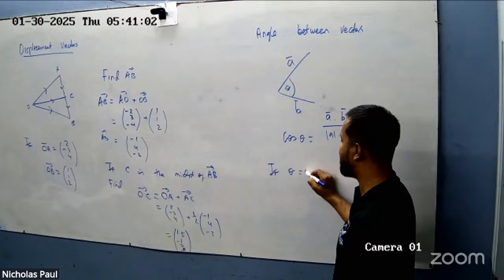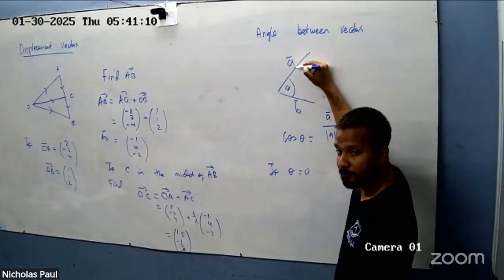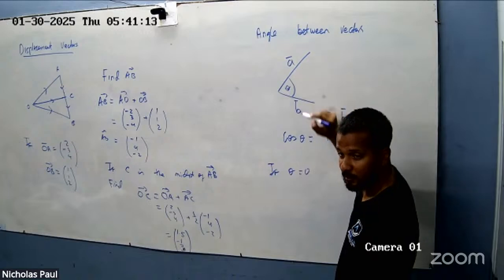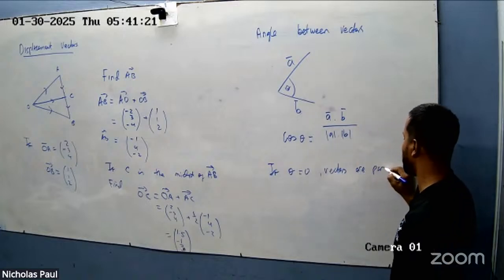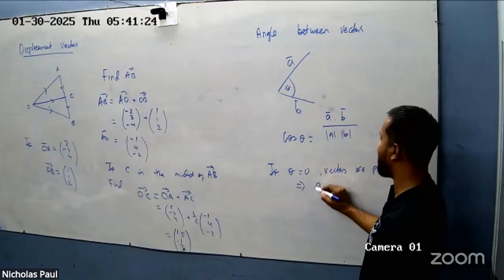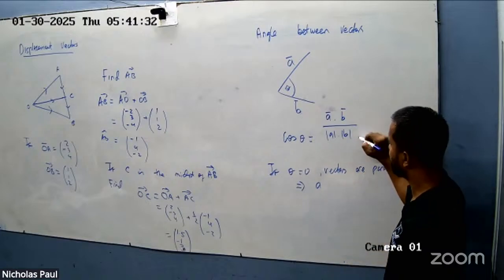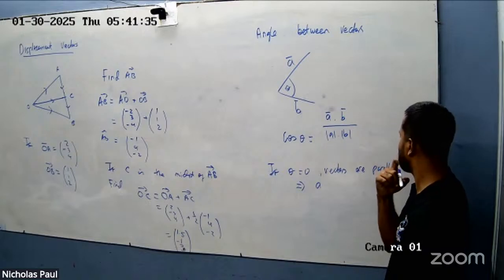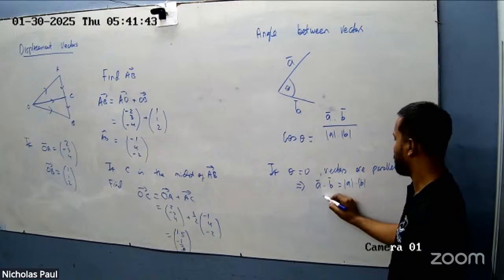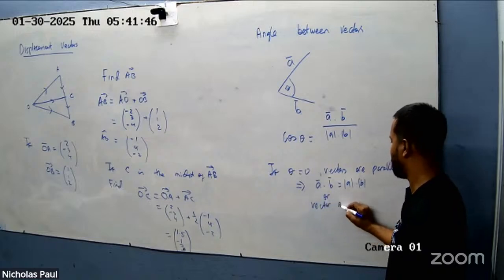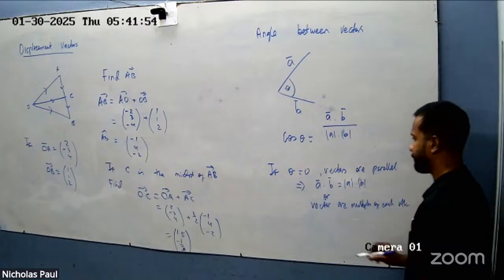And if theta is 0, what is that called? If the angle here is 0, the vectors are parallel.